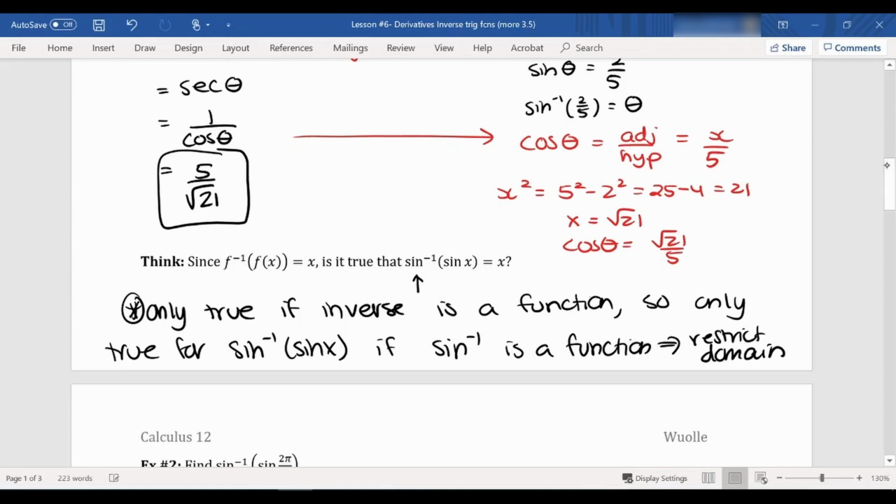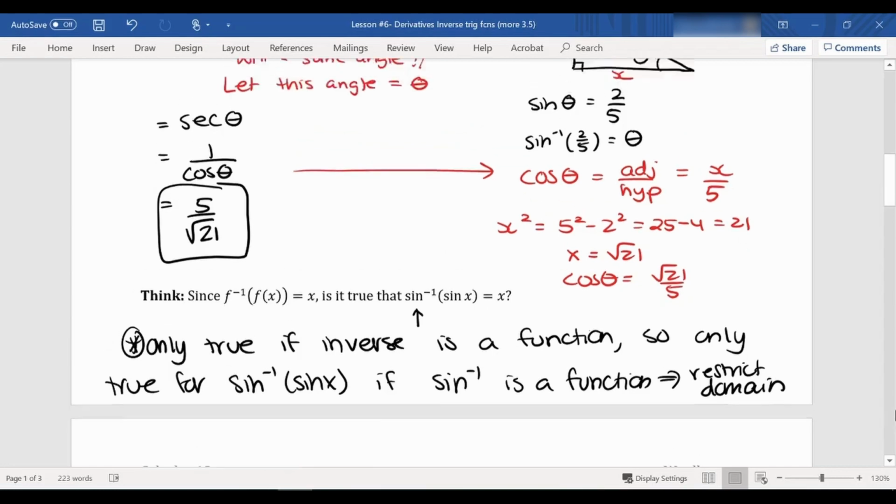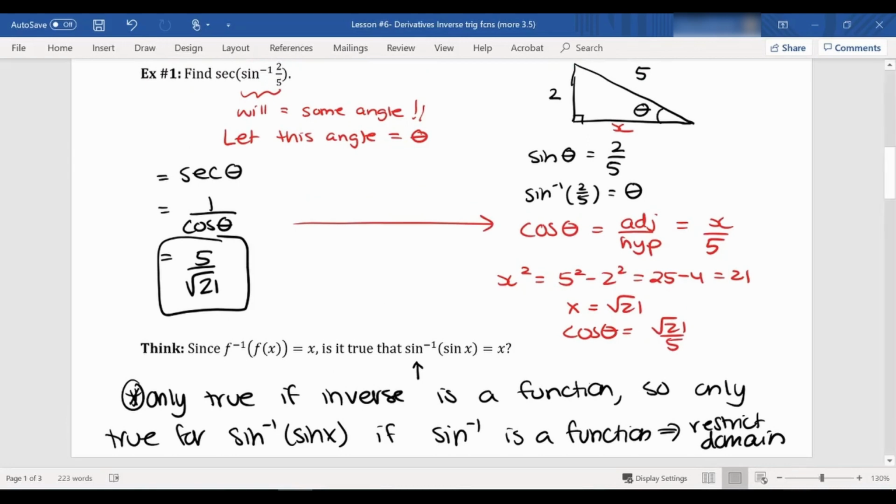From when we did our inverse functions in lesson 2, we saw that this worked if the inverse was a function. So this statement is only true if inverse sine is a function, which is only true if we restrict our domain. So unless it says somewhere our domain is restricted, the answer is no, it's not a function. And it's not true. Okay.